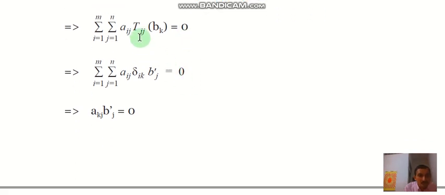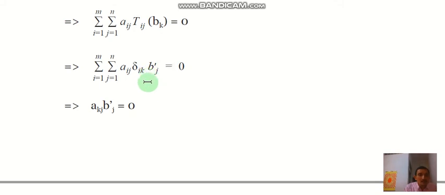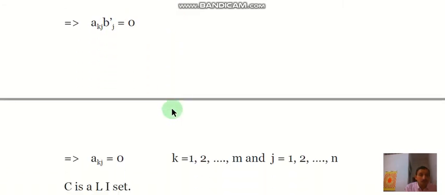Applying the definition of Tij, Tij(Bk) equals δik Bj', and after the summation this becomes the summation of akj Bj' equals 0.